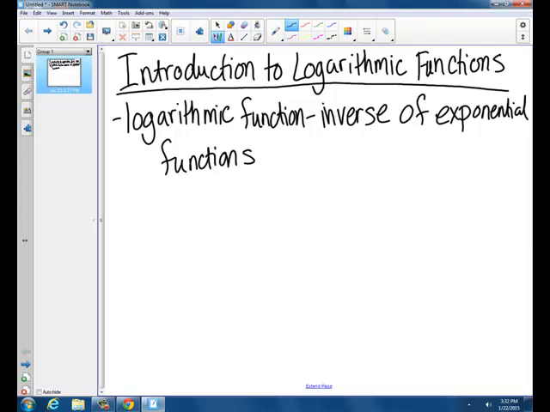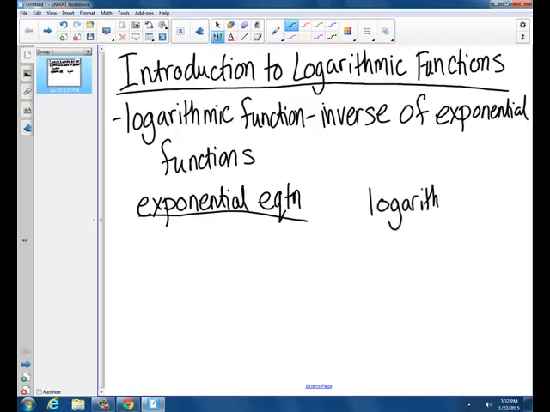So if we have an exponential equation, I'm going to compare it with a logarithmic equation. When we have an exponential equation, it might be something like x equals b to the y power, which might look funny right now because we've been doing b to the x power more.